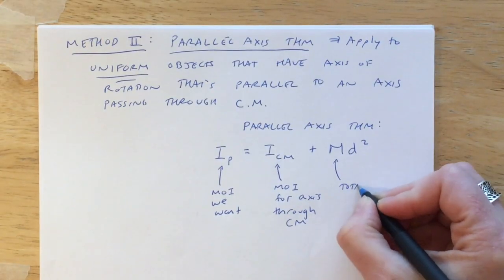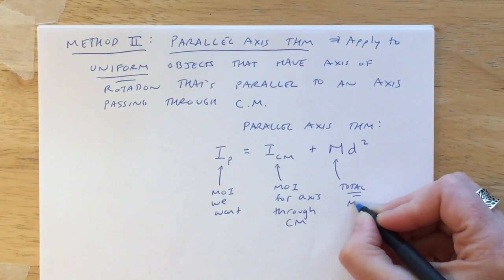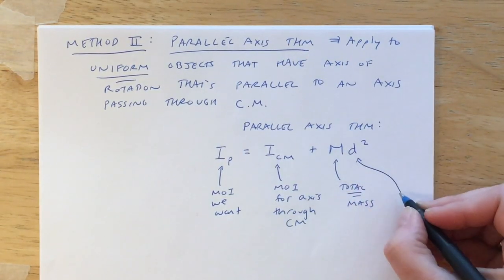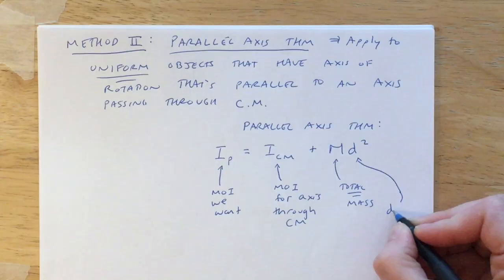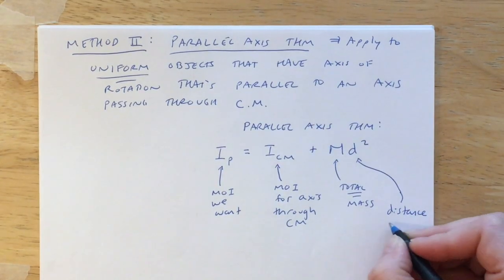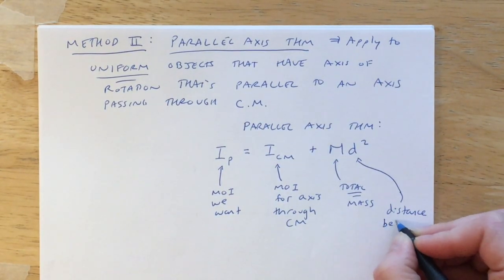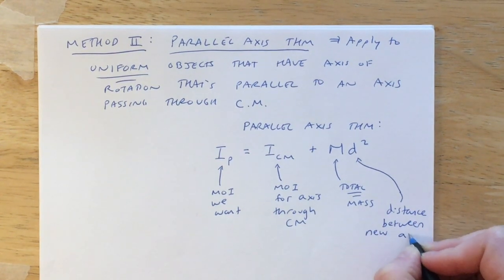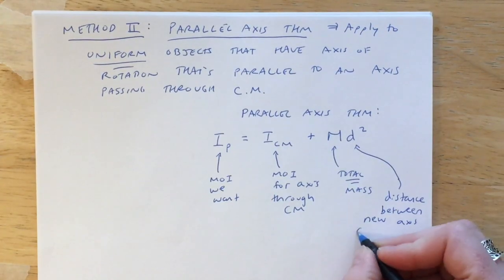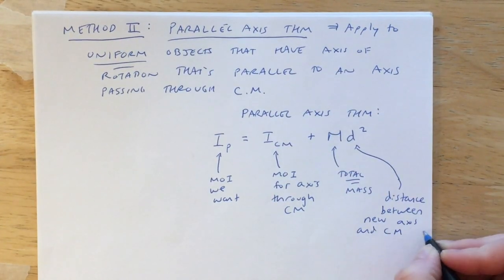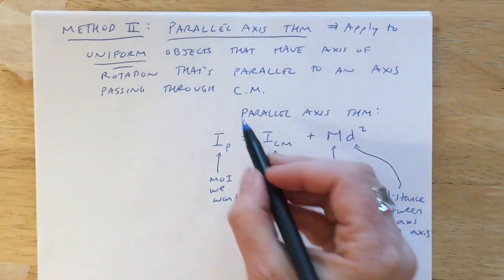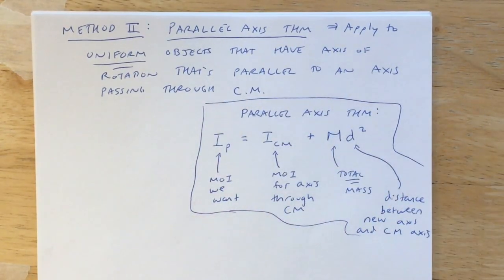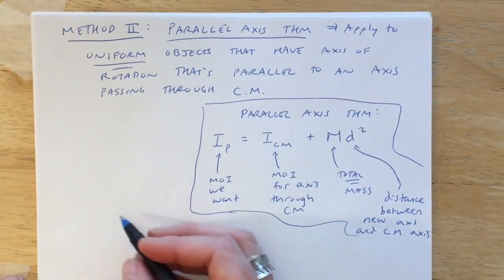M is the total mass of the object. And d here is the distance between the two axes. So it's the distance between the center of mass axis and your new axis. So I'm going to box this parallel axis theorem, and then over here I will draw an example of it.